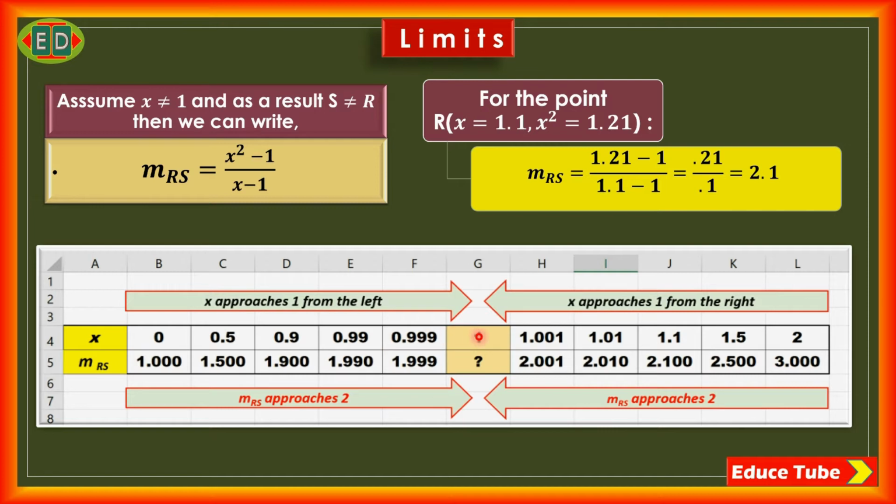The closer S is to R, the closer x is to 1. It appears from the table that the closer MRS is to 2. That is an important point here. So this behavior indicates that the slope of the tangent line should be m equal to 2.